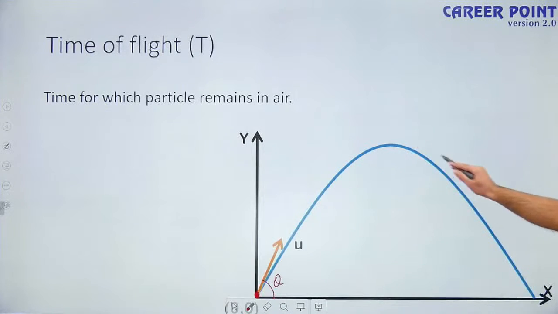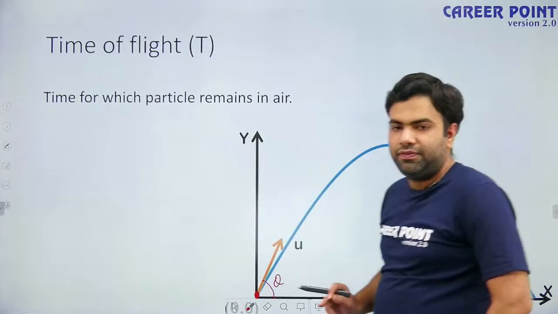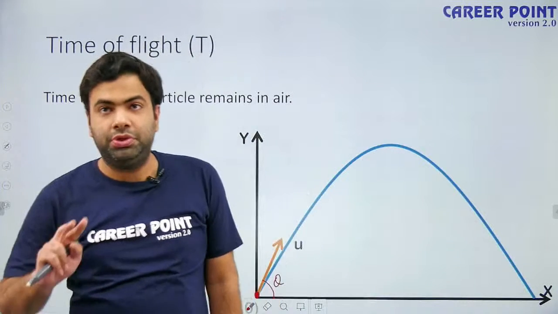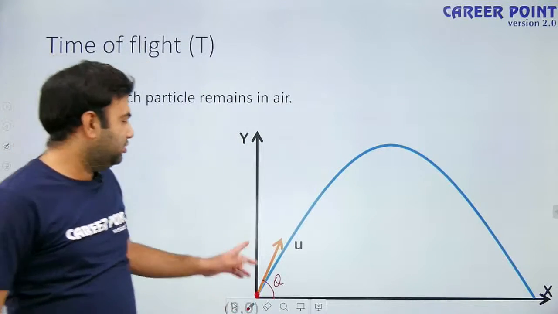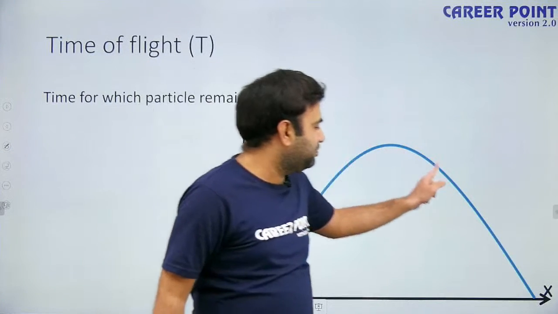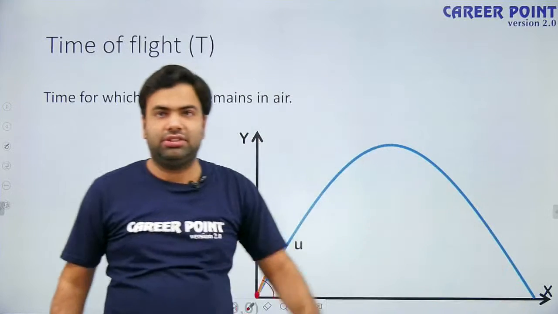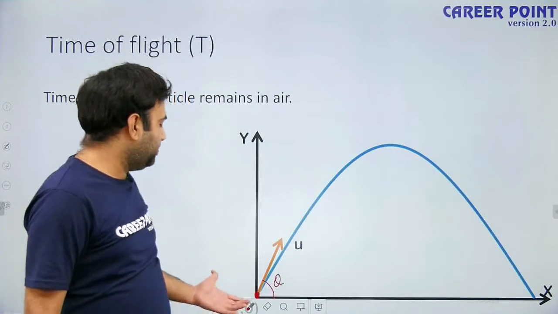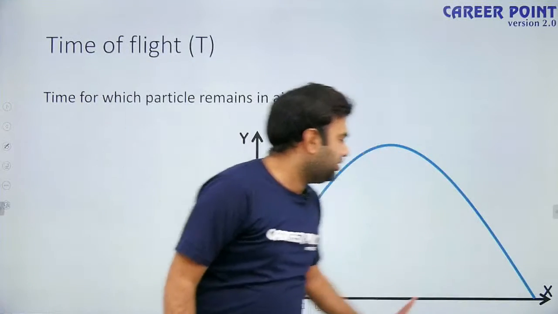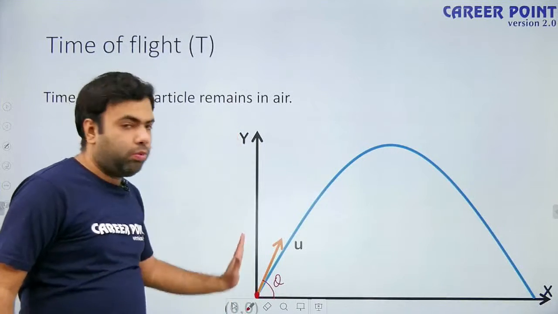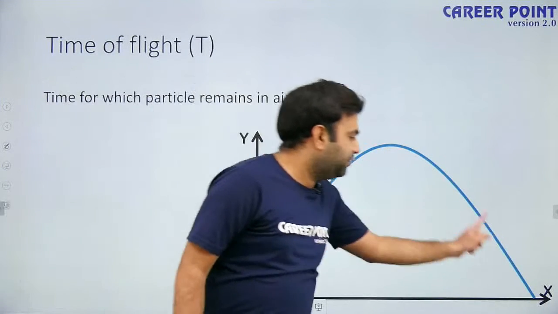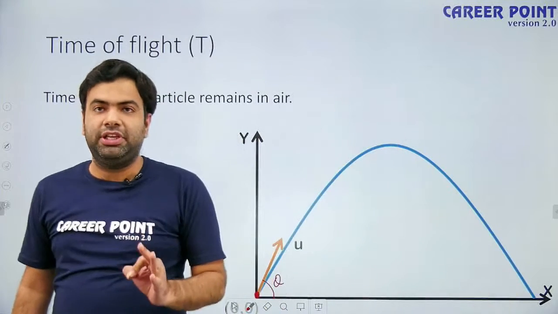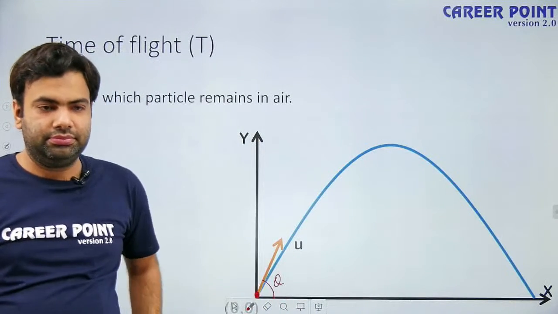From this point to this point, if I study this motion in 2 different directions, x direction and y direction, then as you can see, the particle has displacement only along x direction. This is the final displacement, but displacement along y direction is 0.